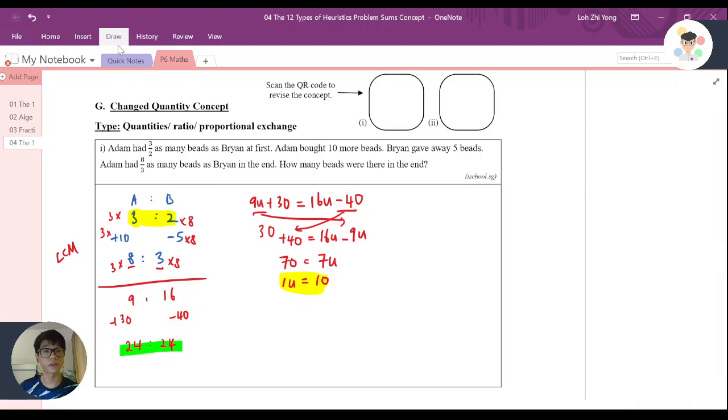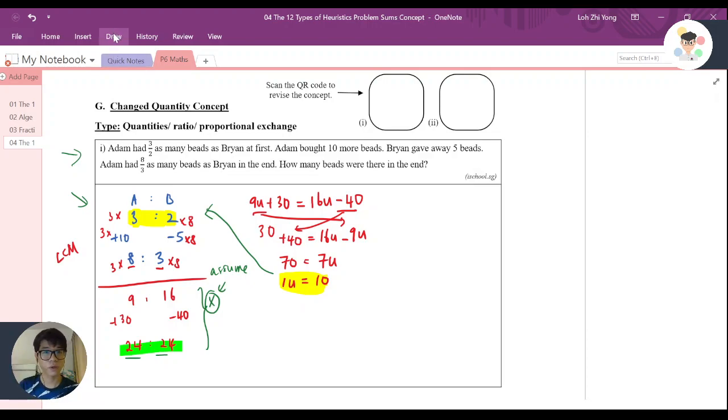The reason we are referring back to the original ratio is that this new ratio is not what the question actually gives us. This is what we assumed and came up with, because the question didn't say that they are the same. What we did was make it the same so it's easier for us to calculate. That's why we need to go back to the old ratio, not like what we did for the previous concept.